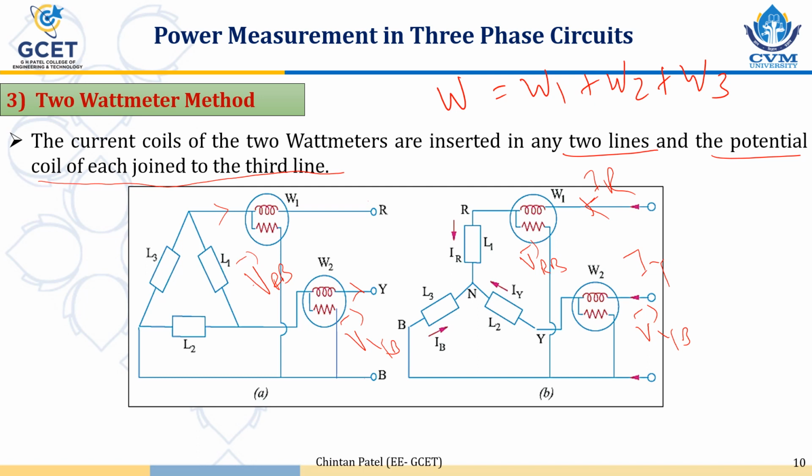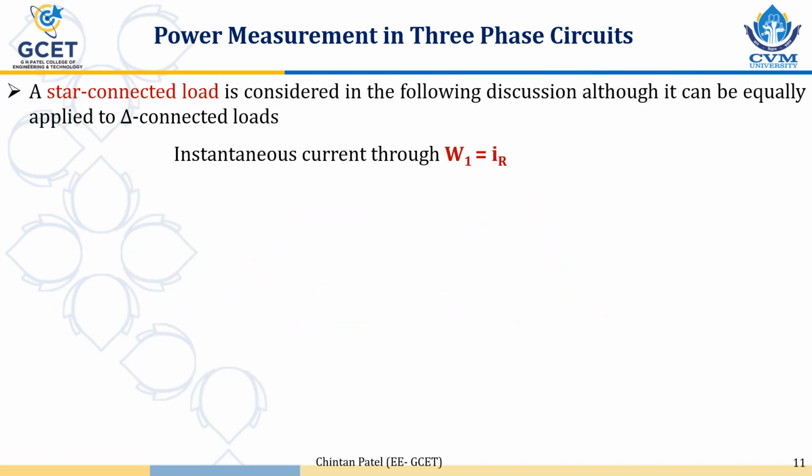So looking at which quantity the W1 and W2 current coil and pressure coil are measuring, we can calculate the total power consumed by these three. For example, let's say the instantaneous current through W1 is IR in the delta connected load.